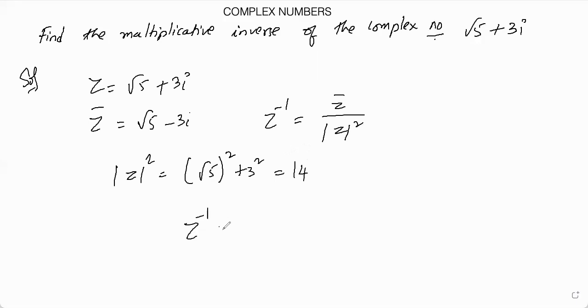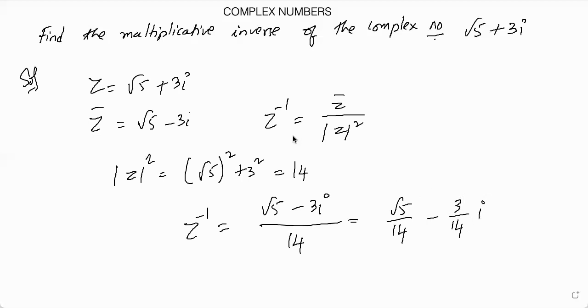So the inverse will be root 5 minus 3i by 14, or root 5 by 14 minus 3 by 14 into i. So this is the multiplicative inverse of the complex number.